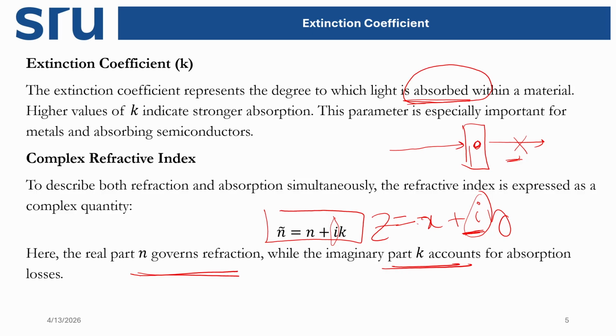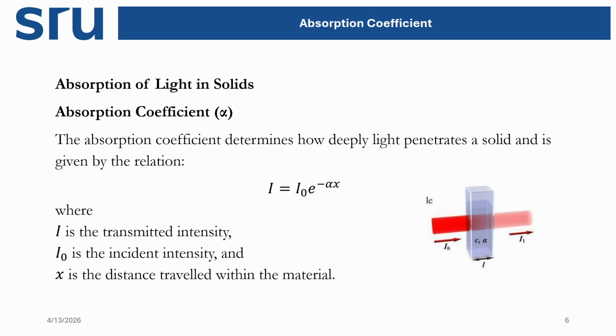One part is how the speed is changing, and another part is how much the compound absorbs the photon or electromagnetic radiation, how it is absorbed. That we are calculating by using these equations. So now, absorption coefficient, how can we calculate it?